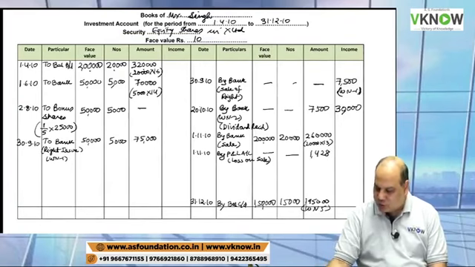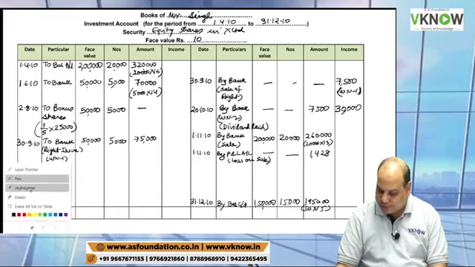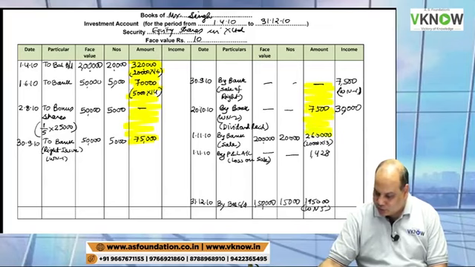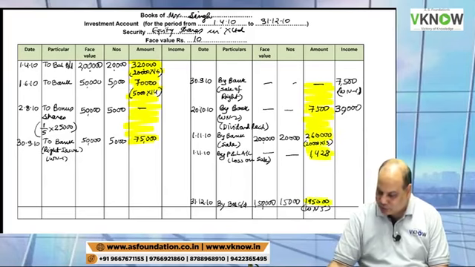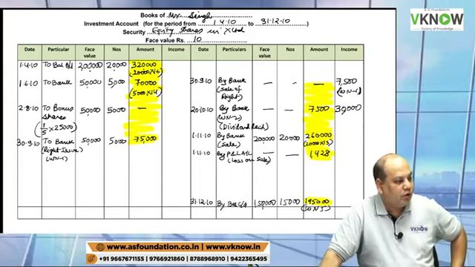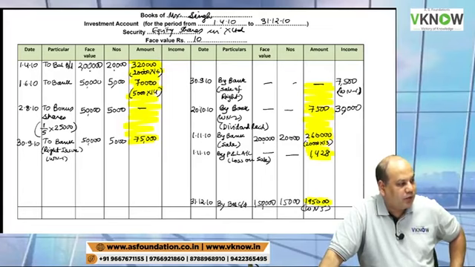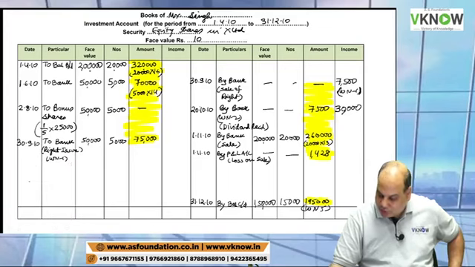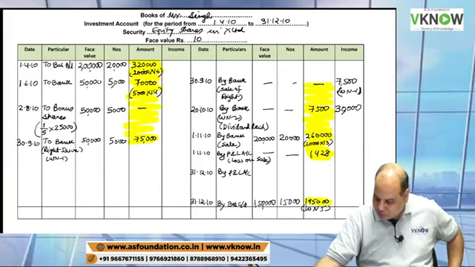Now check the amount column. Amount column will not tally, so please give me the balancing figure in the amount column. It does not tally because investment is not valued at cost, so there is a difference. That also we will transfer to P&L account, by P&L account, balancing figure.